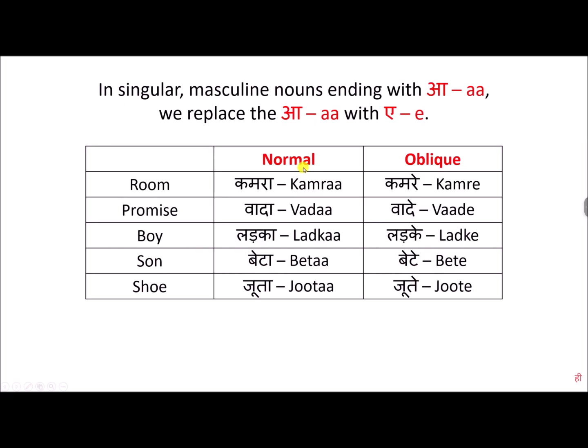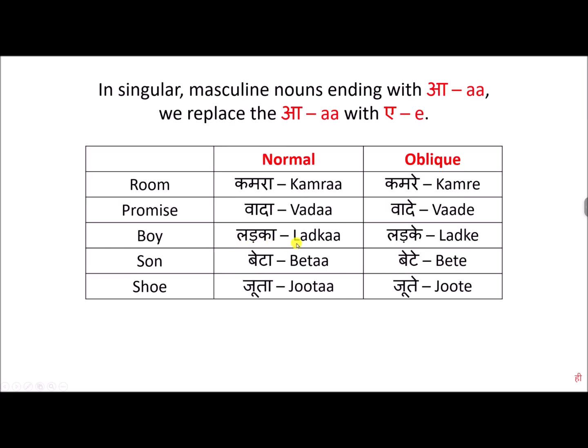And this is the normal word. To bring it into oblique form, we replace the a sound at the end with e. So kamra becomes kamre. Wada becomes wade.